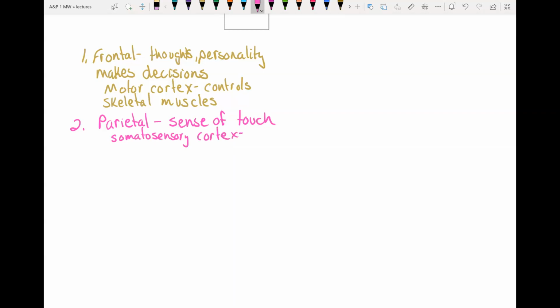This is where all those signals from your skin initially go to. So it receives the signals from your skin. Then you also have a somatosensory association area.